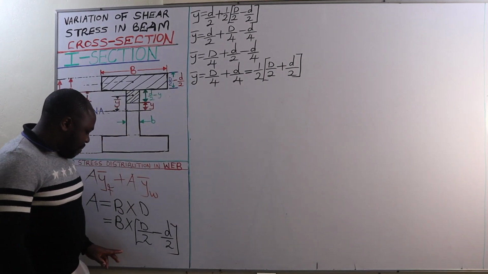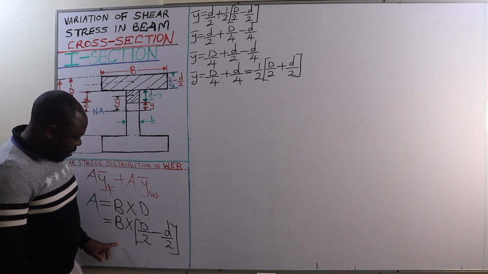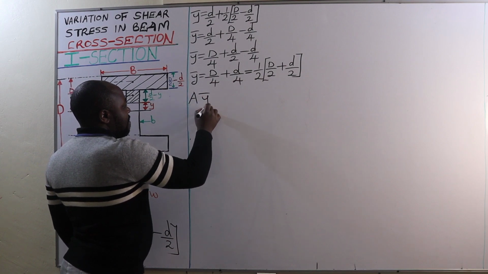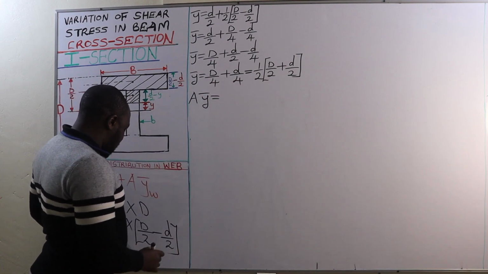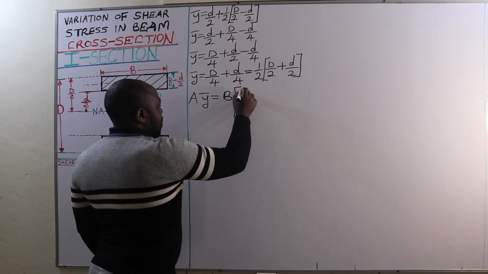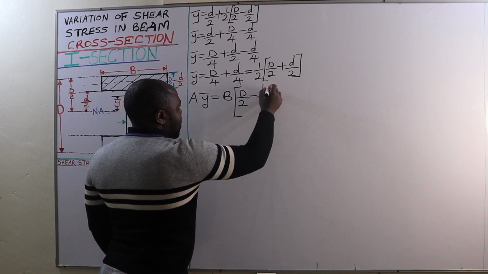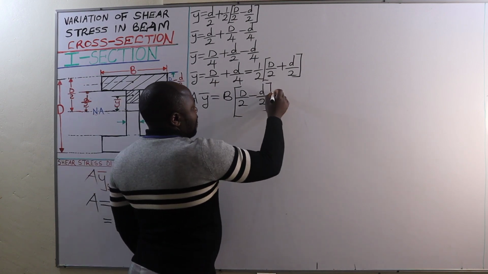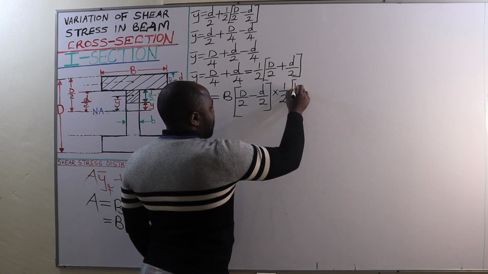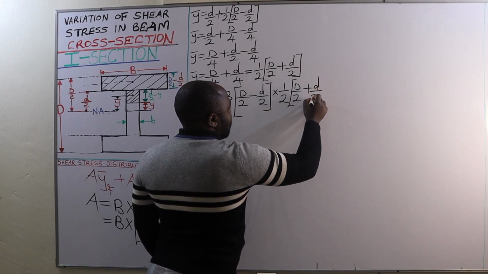Now, multiplying A times bar y for the flange, A bar y is the area, which is b into d over 2 minus d over 2, multiplied by a half of d over 2 plus d over 2.